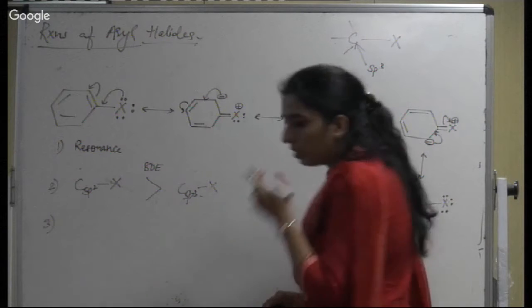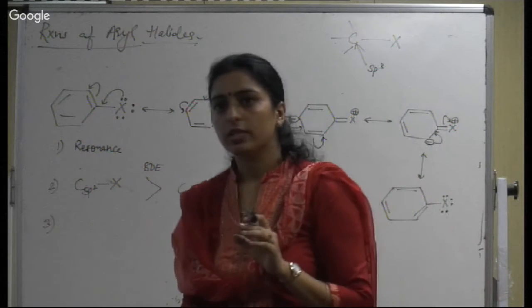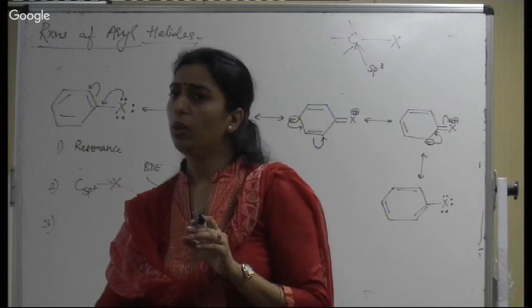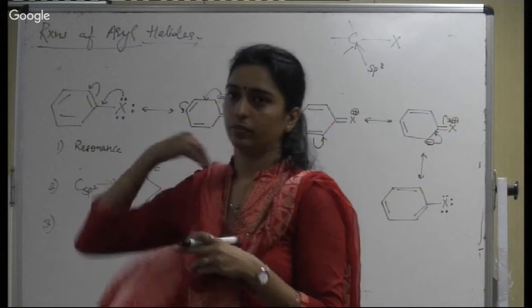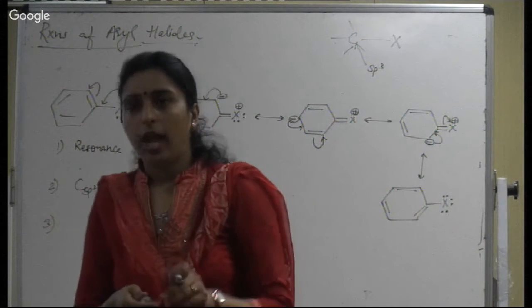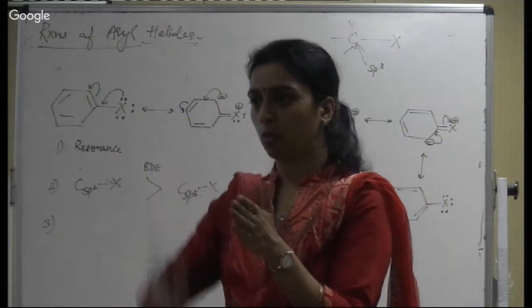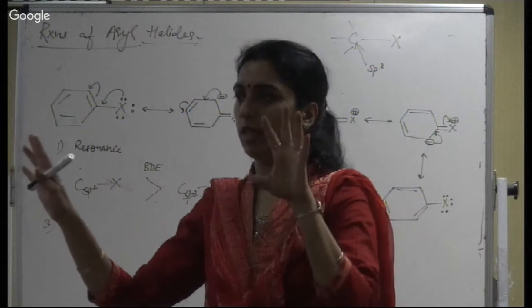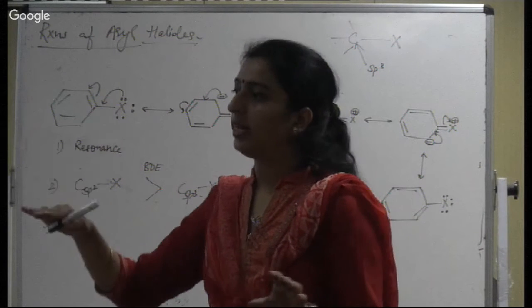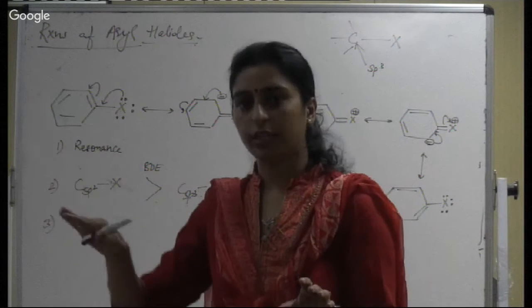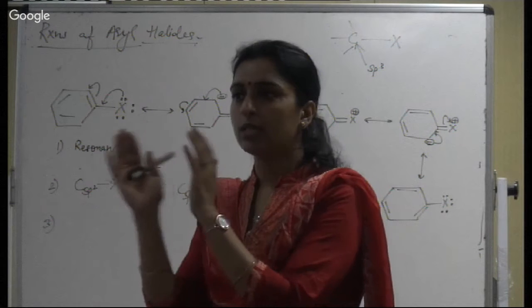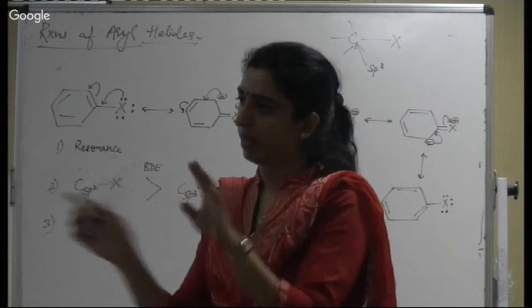Last, another reason. Do you remember SN1, SN2 reactions? What happens in SN1? Halogen is lost. The carbon halogen bond is broken. Carbocation, halide ion. Secondly, the nucleophile will come and attack R plus and make the bond.